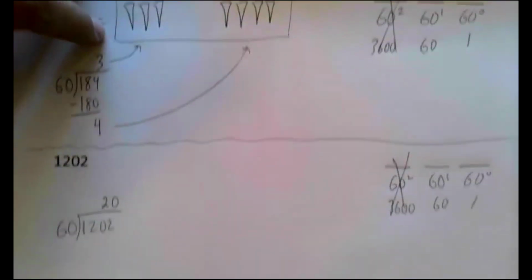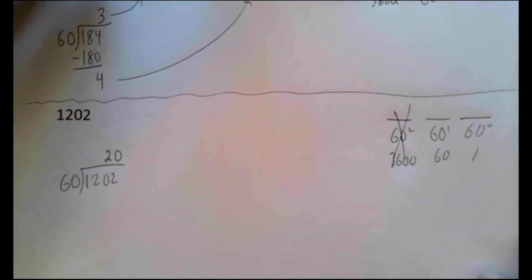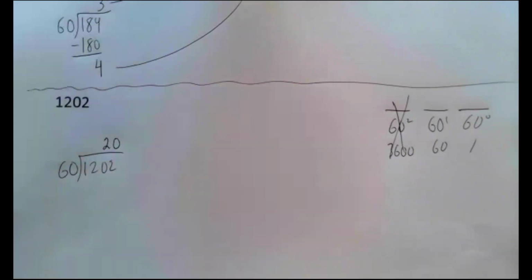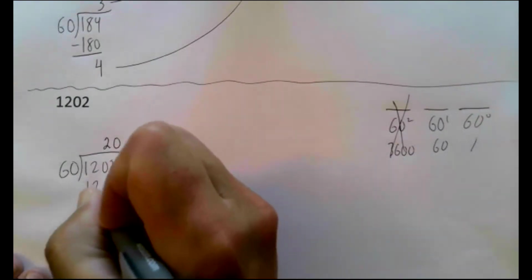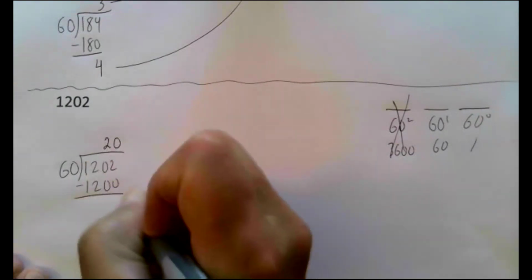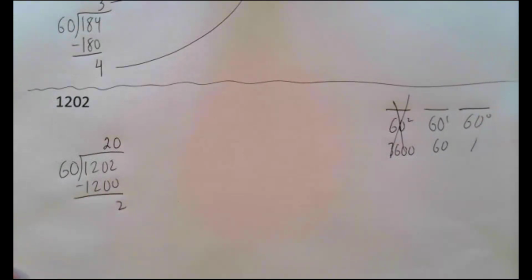And then you're multiplying 20 times 60. Go ahead and do 20 times 60. That should give you 1200. And you are subtracting, and we get a 2 right there. So basically, there's going to be a 20 in my 60s position and then a 2 in my ones position.